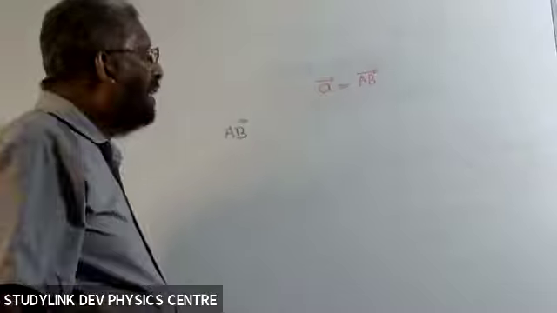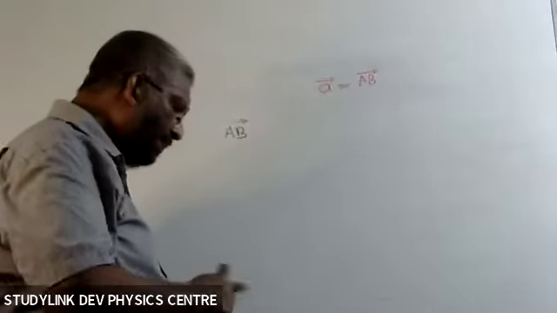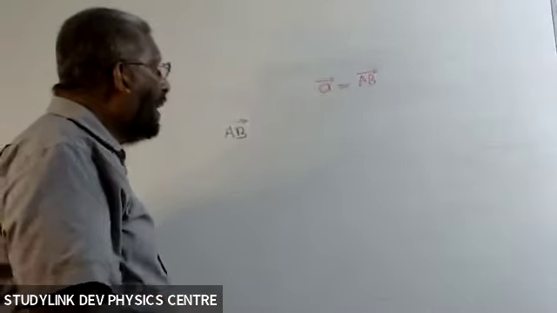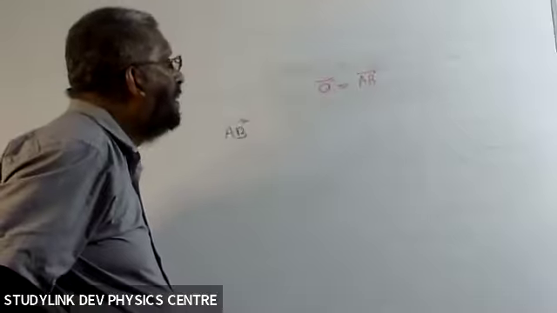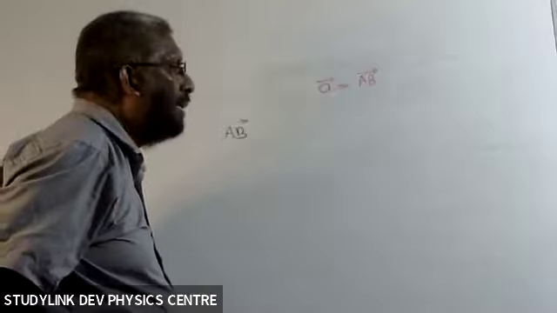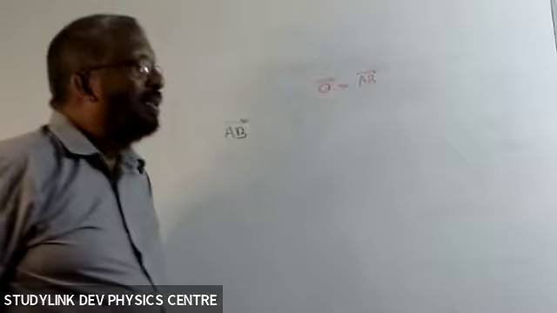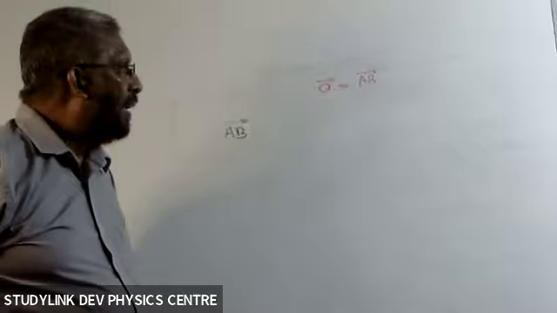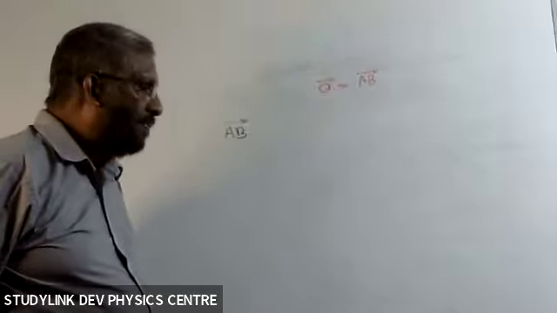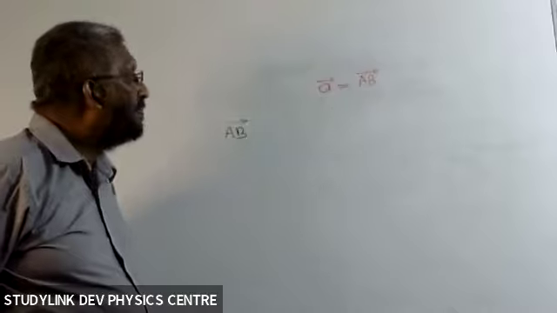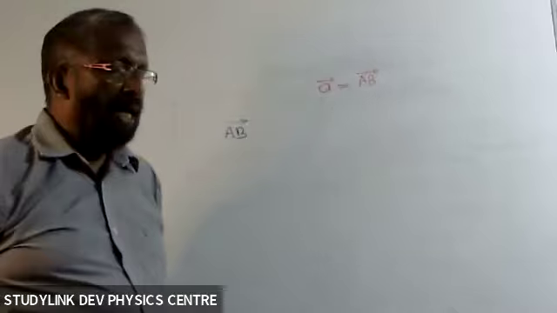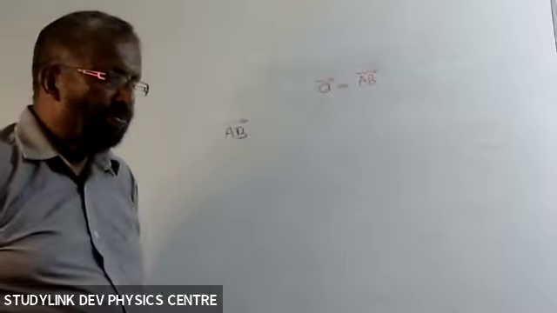Then write: A is a vector and it is represented by the straight line AB as a vector.